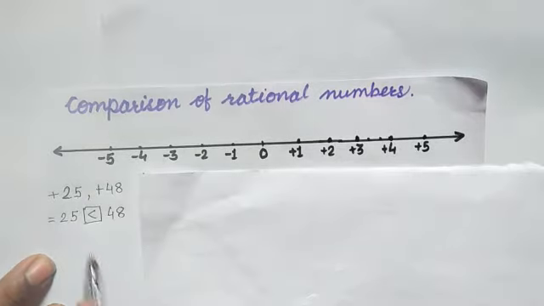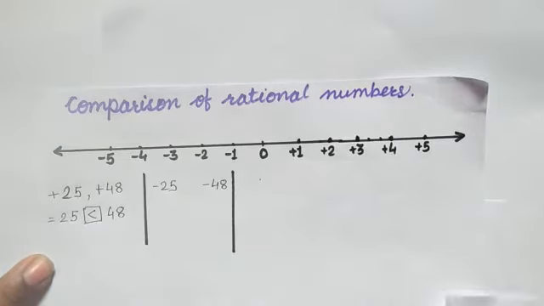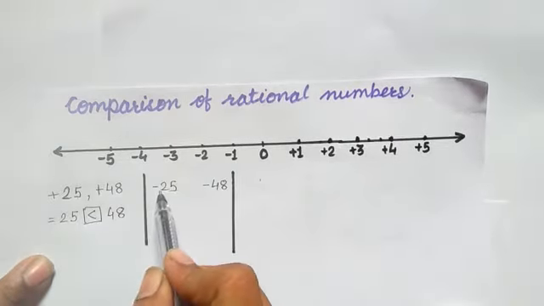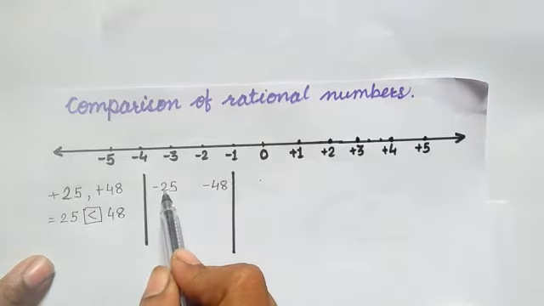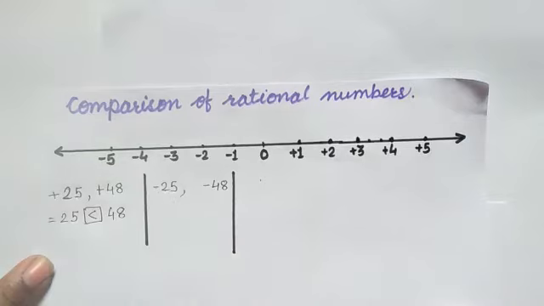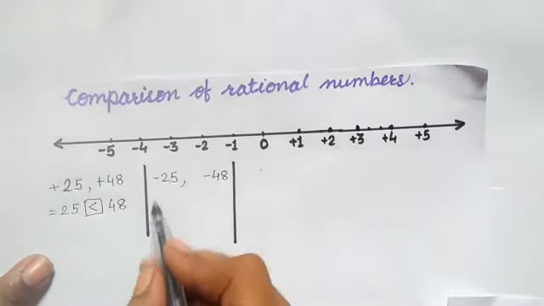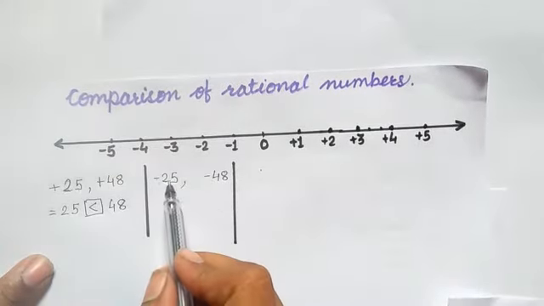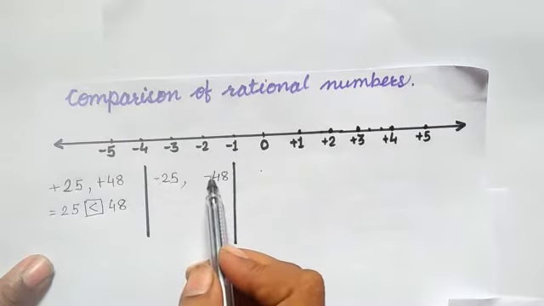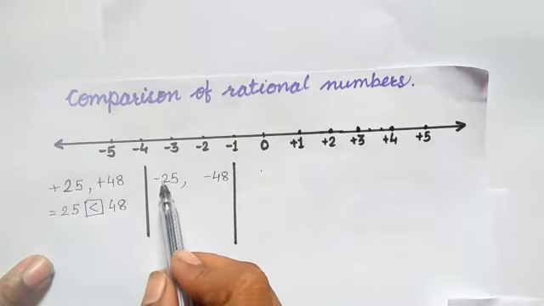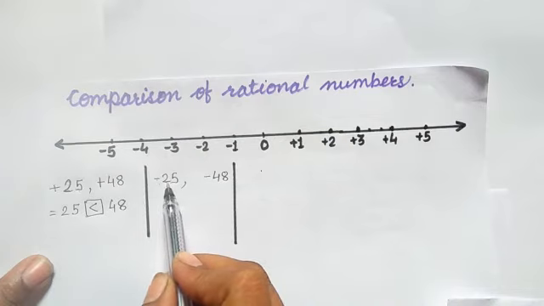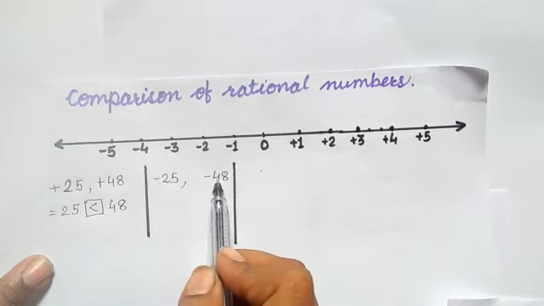But if both the numbers have negative value, then see here in the second question, 25 also has a negative symbol and 48 also has the negative symbol. In this type of case, if both the numbers are negative, then the number which has less value is greater than the bigger number.